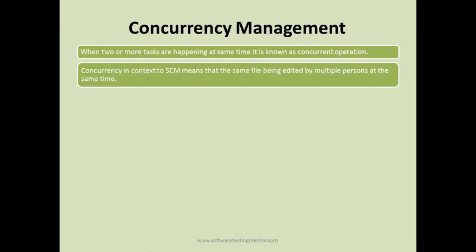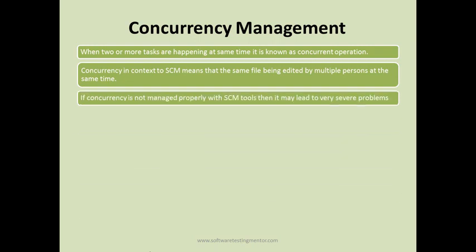For example, there is a class in your software code which is being checked out by 3 or 4 different developers, and all of them are making their own changes in that piece of code. So that file is being concurrently changed by multiple persons at the same time.